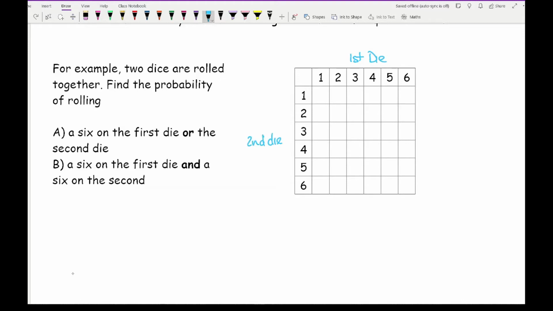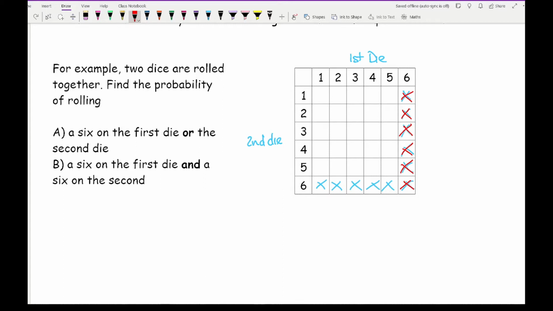If I'm going for a 6 on either the first or the second die, then I want this one, this one, this one, and so on, and actually we're going to do this one twice, so that's going to be like so. In terms of all the boxes that are either highlighted in red or with a blue cross, you can see that I've got around about 11 or 12 depending on how you're counting them.